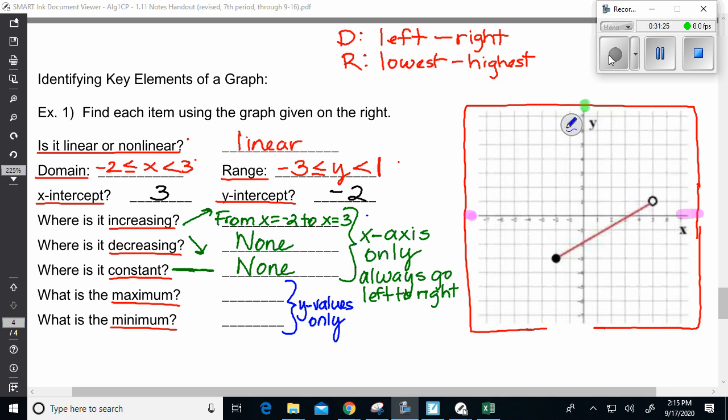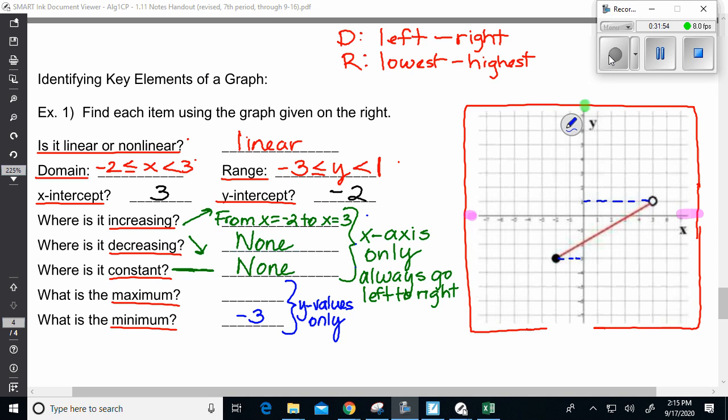What is the biggest y value and what is the smallest y value? So what's the smallest y value? -3. So that means -3 is the minimum. What's the biggest y value? 1.